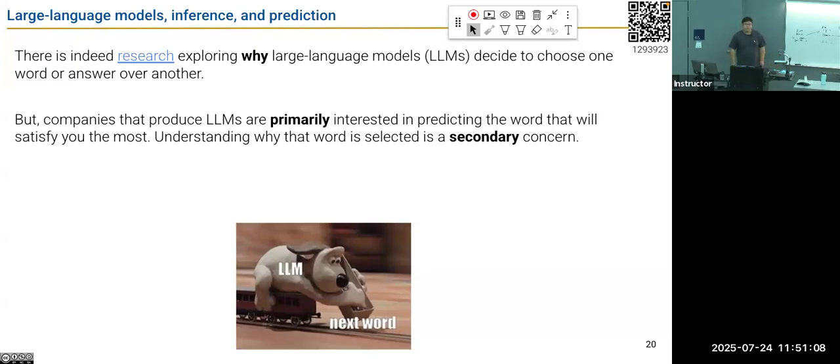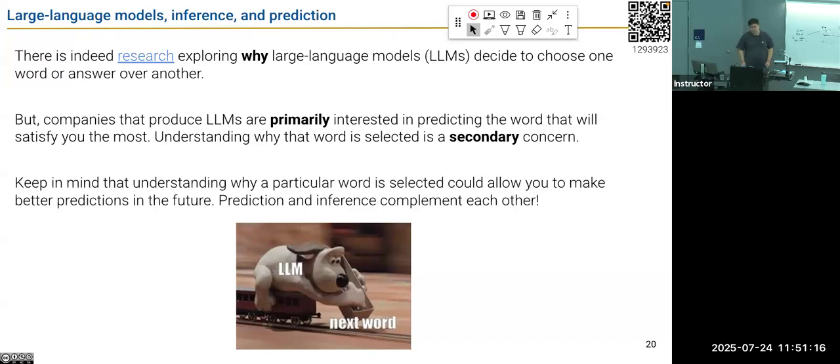We're trying to predict the mood and the context based on the prompt. But again, there are no right or wrong answers in these categories, especially when it comes to LLMs. It's really a mix of prediction and inference.